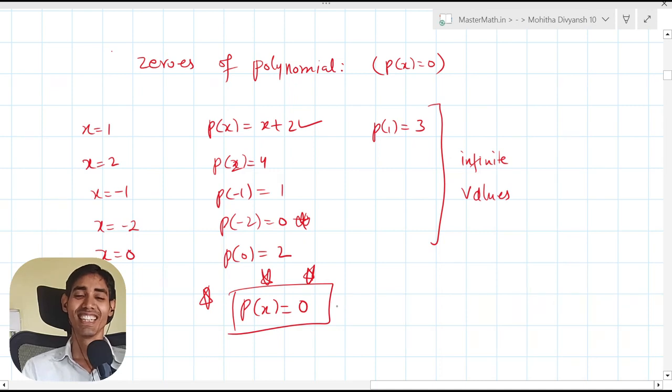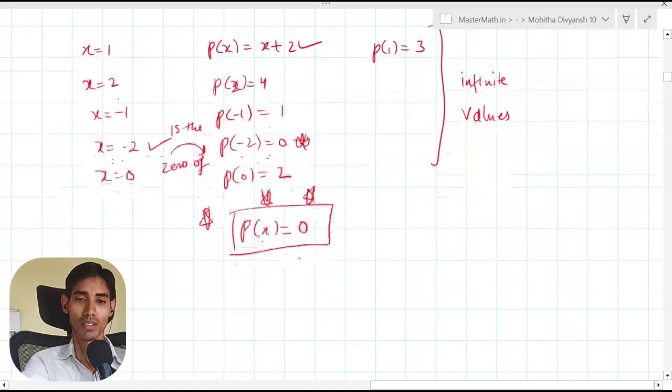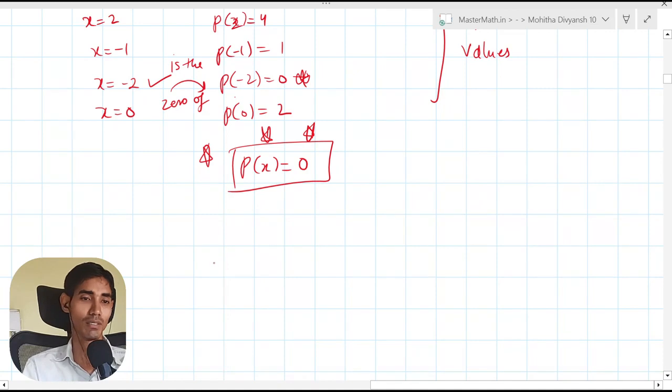So this x equal to minus 2 is the zero of this polynomial. If I explain it more, it might confuse. The polynomial P(x)'s value should be 0.